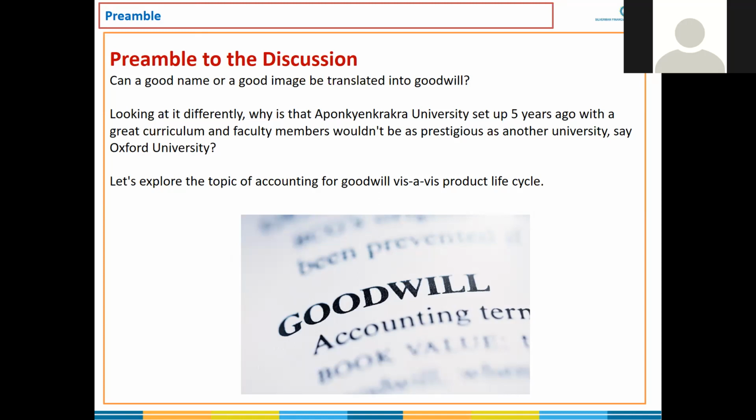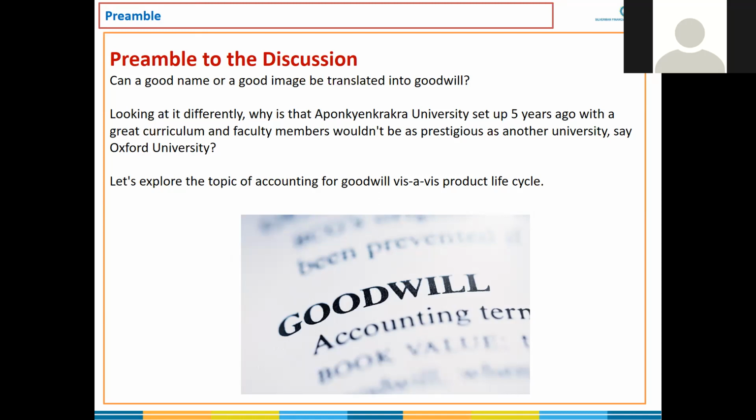So you could see that a name that has been established, an image that has been established, is the one which grows into what we call goodwill. This is what we are trying to talk about. There is no name like Aponchinkakra University. The word there is just a name coined out of a soup, goat meat soup, Aponchinkakra, just to give an example.